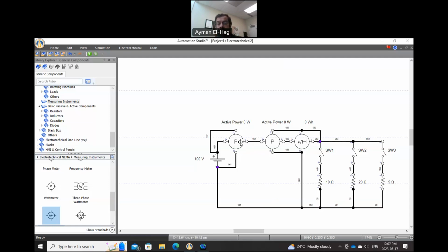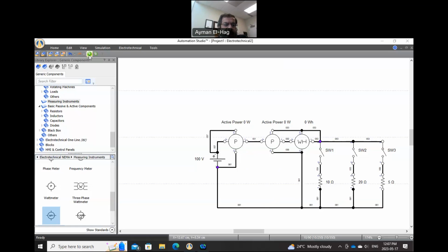So we have two watt meters, one at the sending end to measure how much power I am producing, and one connected to the load to know how much power I am consuming, and we want to see the difference between the two. Also, at the load side, we have the watt hour meter. So this will measure our energy consumption.